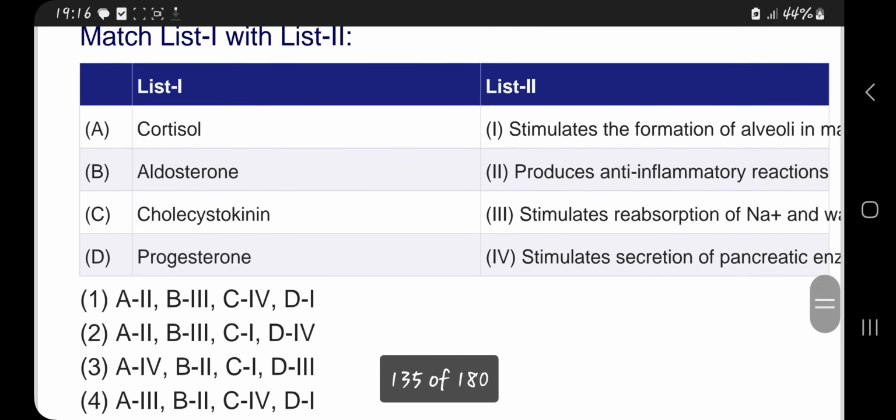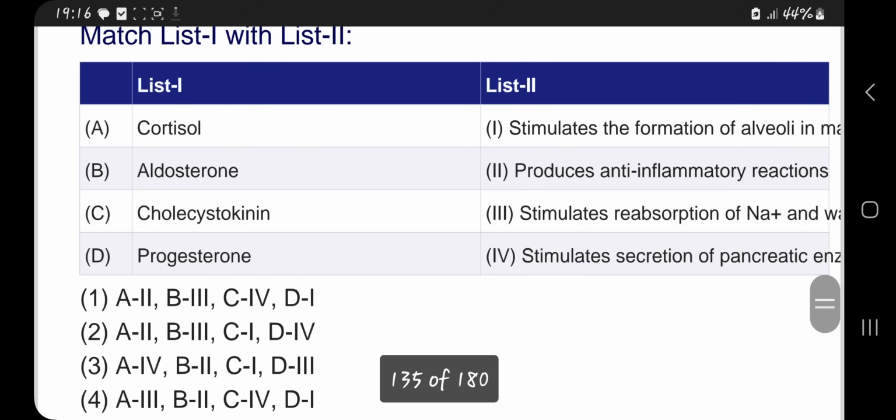Cortisol, aldosterone, cholecystokinin, progesterone. They are the hormones they have given. What are their functions? Cortisol produces anti-inflammatory reactions. Aldosterone stimulates reabsorption of sodium ion and water. So B3 is correct. A, anti-inflammatory reactions. C, cholecystokinin stimulates secretion of pancreatic enzymes.